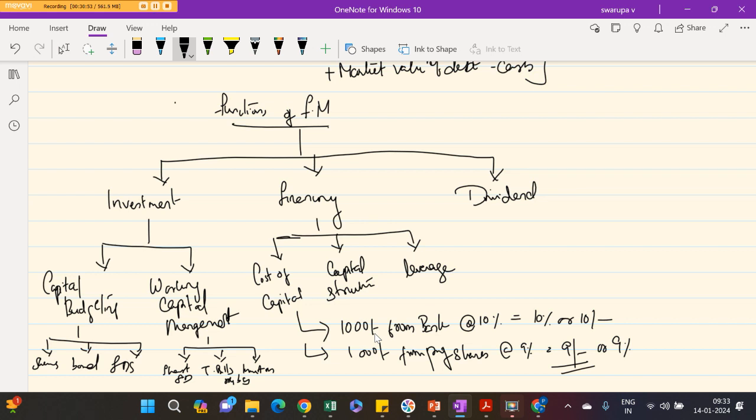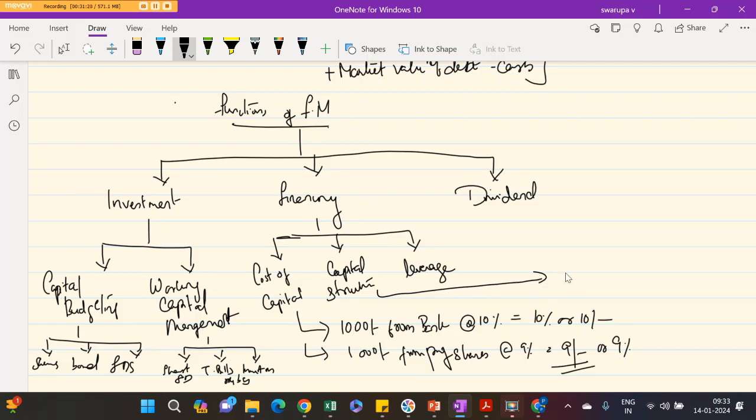So different structures, different sources of funds, we will define what is the cost of capital for each source of fund before making a decision. So if I have this decision, we will either go by preference shares, which is at 9%, rather than going for a bank loan at 10%.